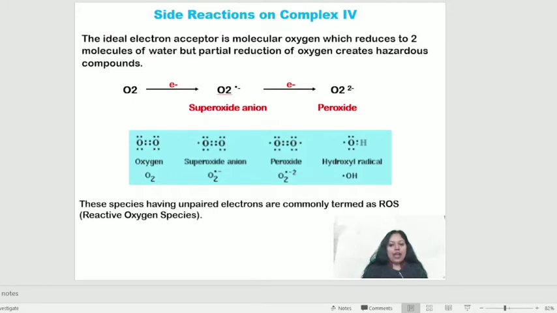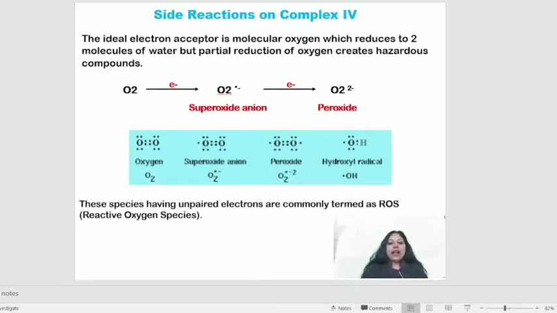Complex 4, having the ability to bind molecular oxygen, proceeds to the formation of water, but the transfer of electrons one by one to molecular oxygen can be serious and can damage the cells. How? Let's discuss that. These are termed side reactions on complex 4, or simply the formation of reactive oxygen species, or ROS.